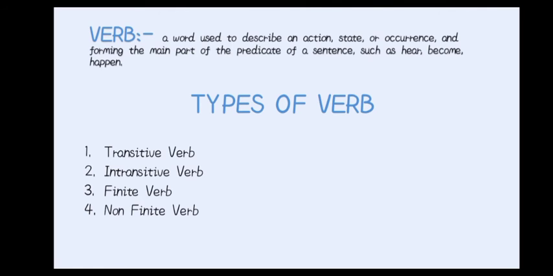Now, finite and non-finite verbs. A finite verb changes its form when there is a change in the person and number of the subject. Whereas non-finite verbs do not change their form.